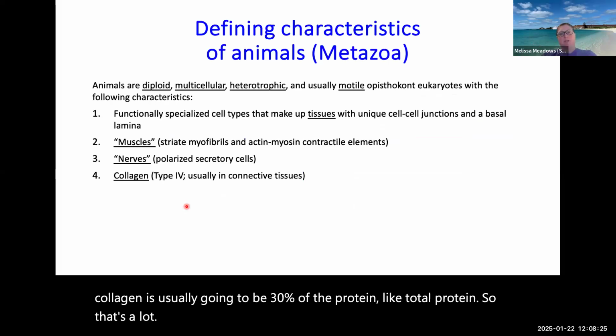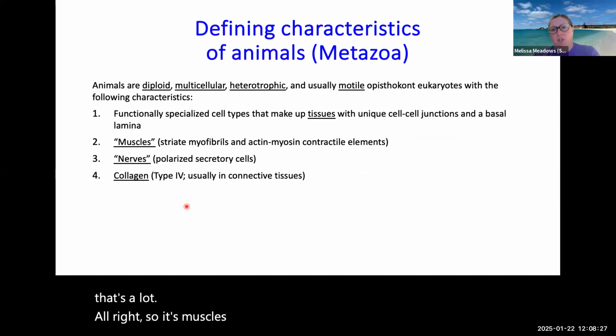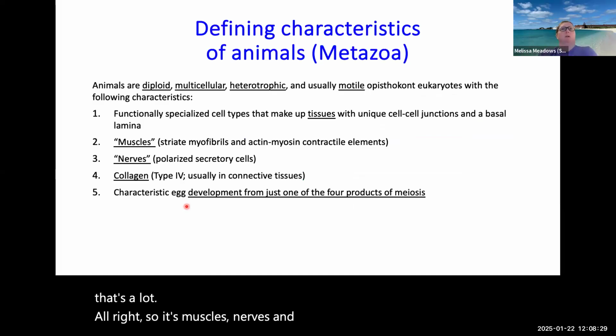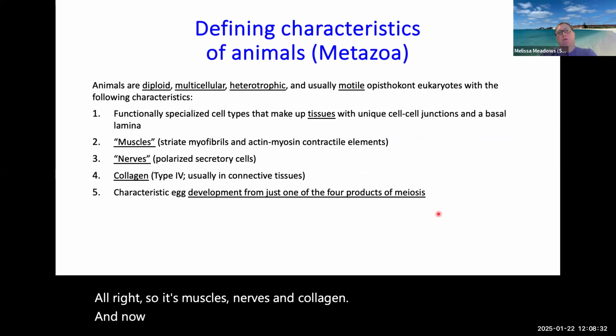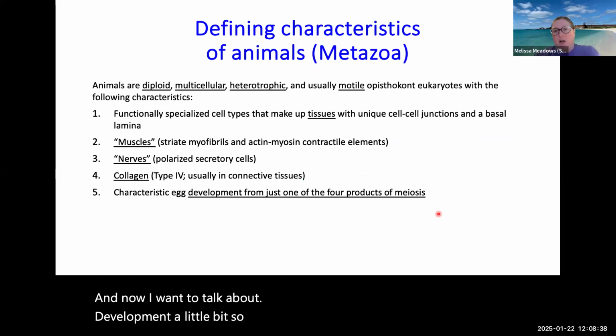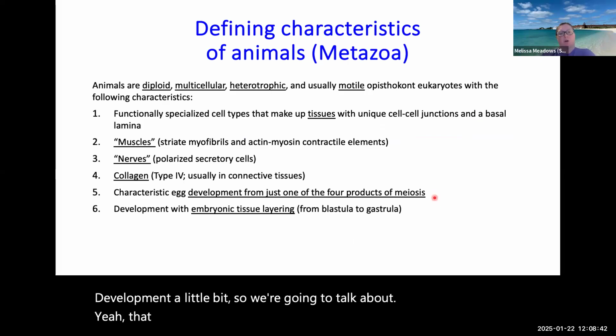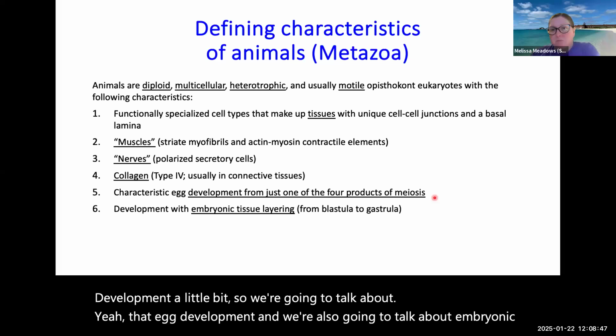All right, so it's muscles, nerves, and collagen. And now I want to talk about development a little bit. So we're going to talk about that egg development, and we're also going to talk about embryonic tissue layering.